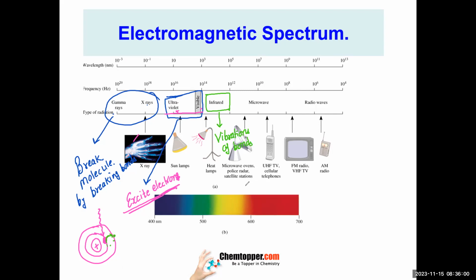For example, if I give you water, you already know the Lewis dot structure of water. This is water, right? When infrared rays fall on this water molecule, the chemical bond will undergo stretching, bending, compressing, and starts working like a spring.